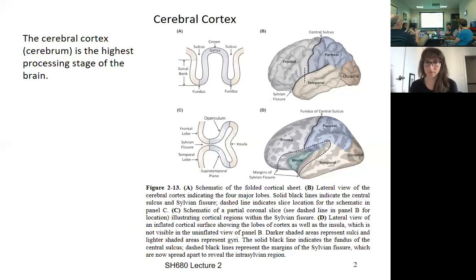So parietal cortex is a higher order part of cortex, much like prefrontal cortex. These are areas that aren't tied to a single sensory modality or motor modality. They're more cognitive in function.